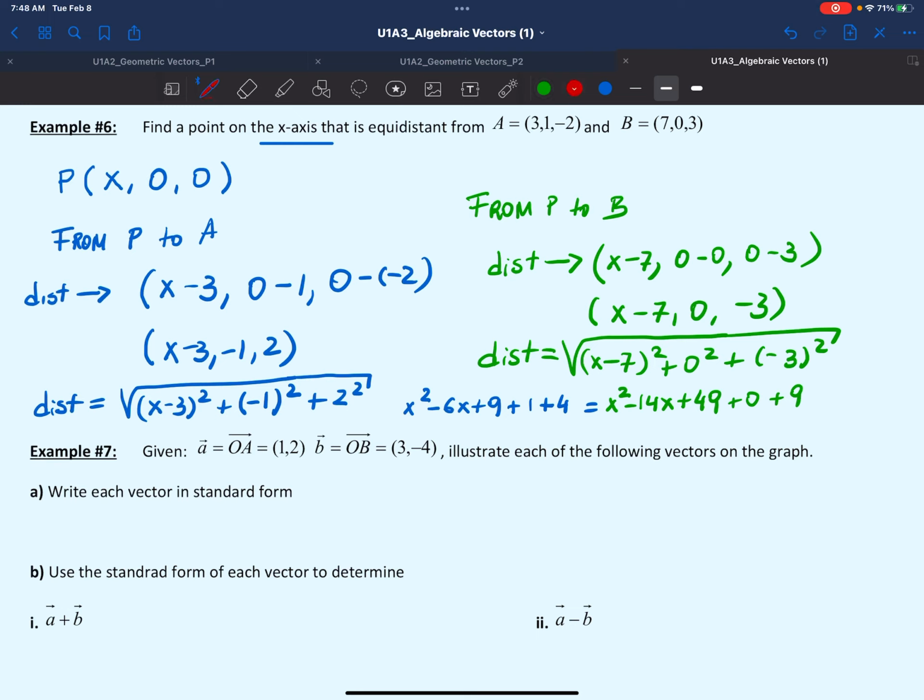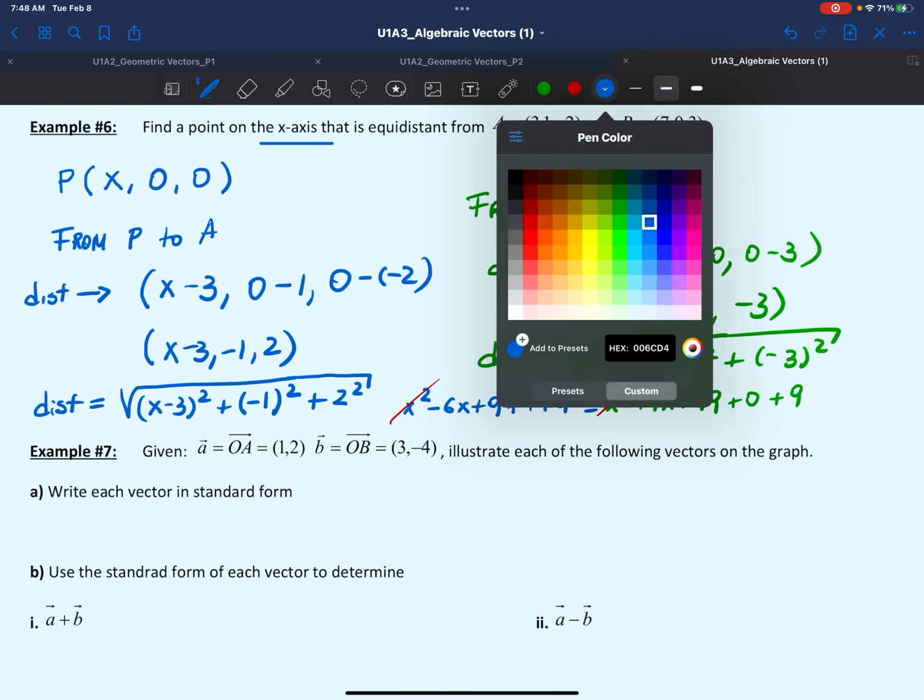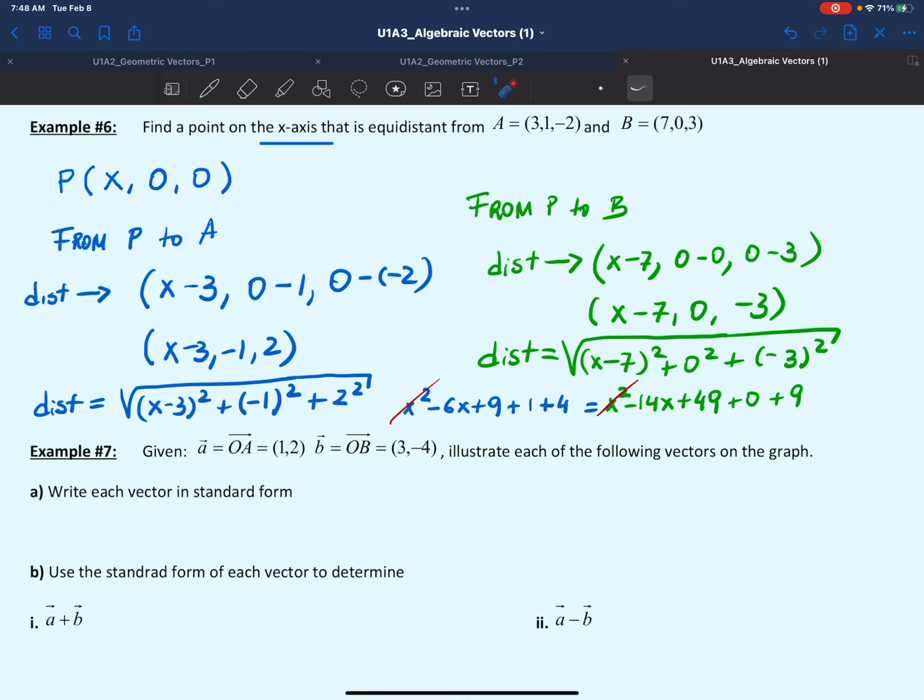So notice that we have x squared in both sides, so that simplifies to no x squared. -6x plus positive 14x, that will give 8x.